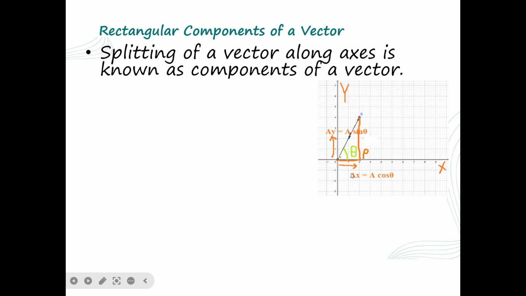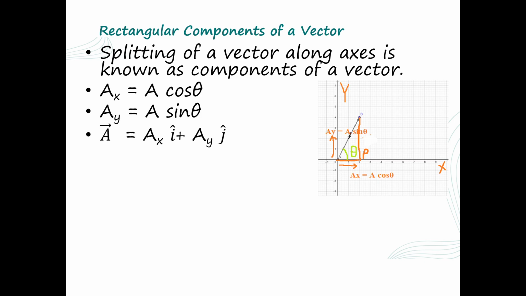The projection of OB along x-axis is OP, that we are here representing as AX. So this OP is equal to A cos theta. Similarly, y component of vector A is AY, and that is equal to A sin theta.